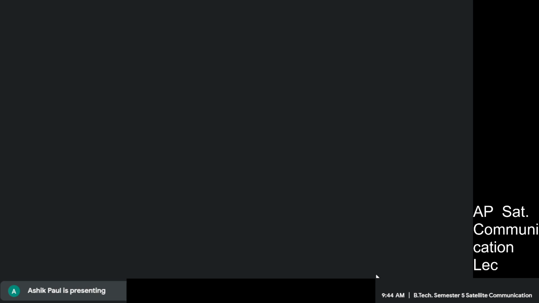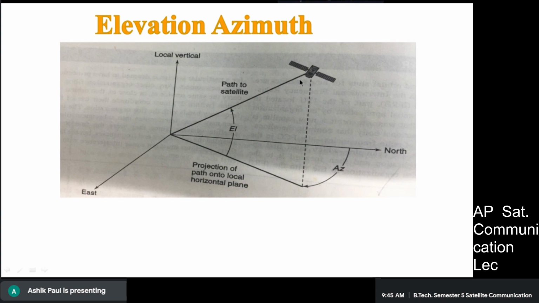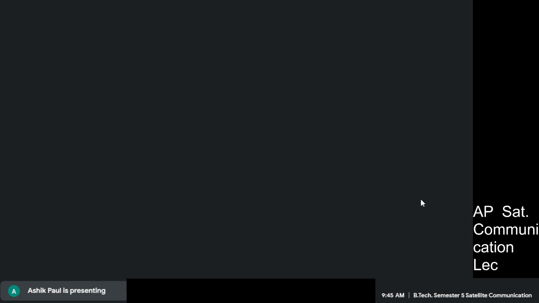So as you move up through a certain angle and reach the line joining your location, your antenna, with the satellite, that angle defines the elevation angle. So with this definition in place, this is what is written over here.